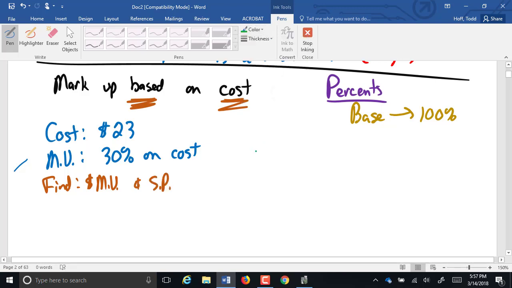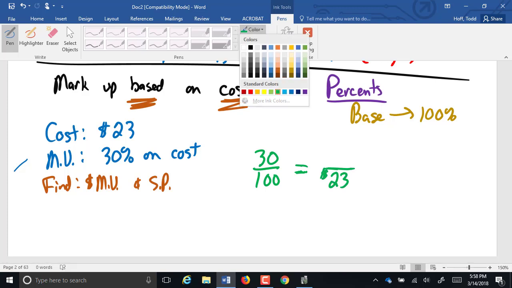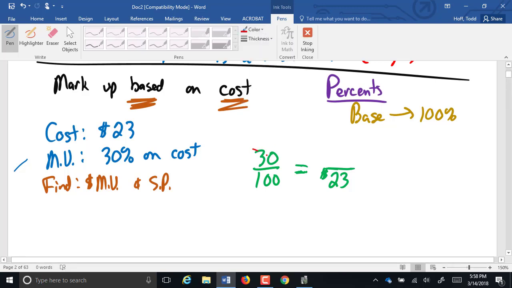So 30% is 30 out of 100. Well, this is based on cost, which means the cost matches up with the 100%. So $23 goes on bottom. If we cross multiply and divide, 30 times 23 divided by 100, what do we get? $6.90.